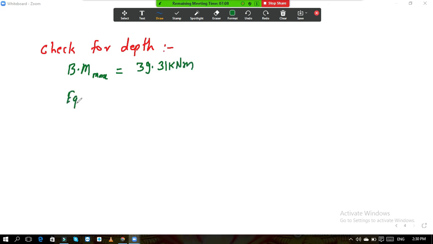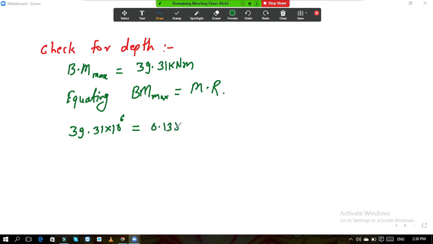Equating bending moment maximum to moment of resistance or load carrying capacity. So it is 39.31 into 10 raised to 6 equal to 0.138 FCK d square.